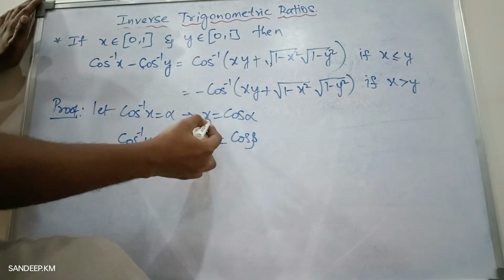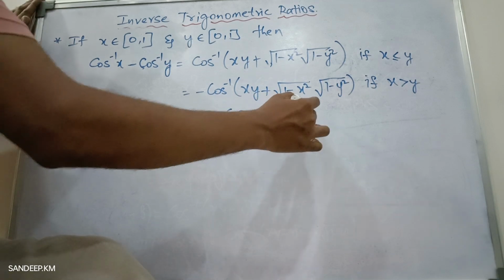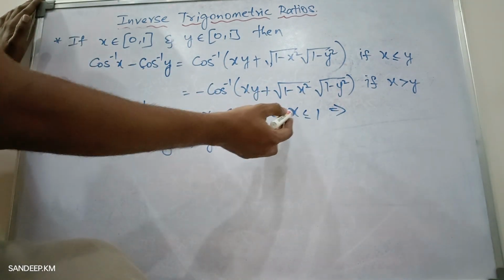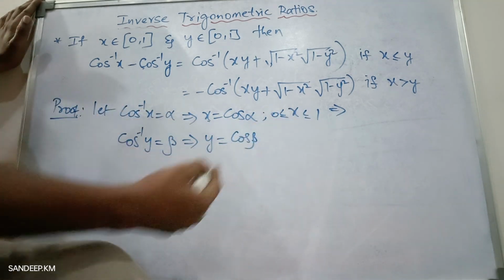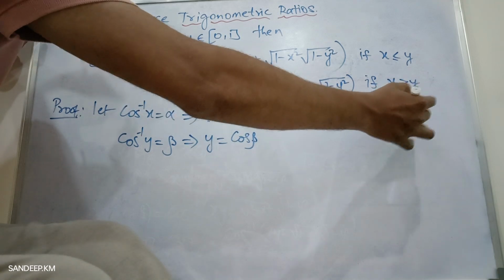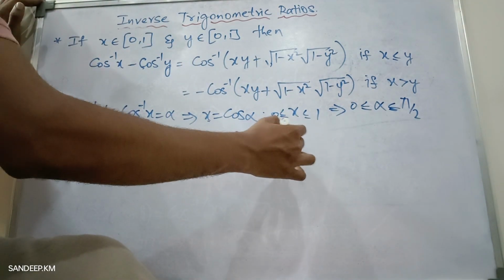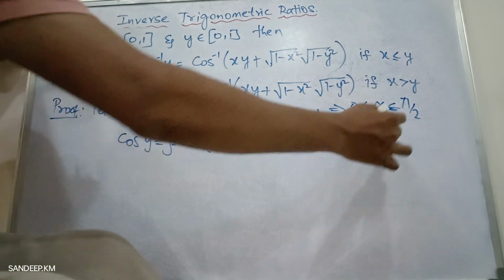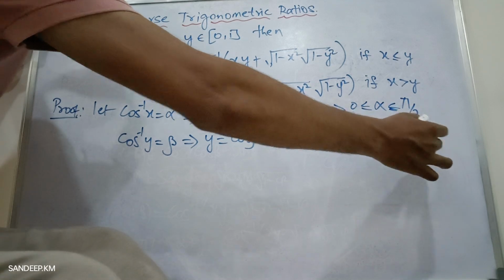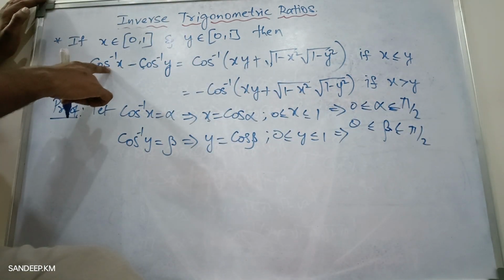So clearly x is between 0 and 1, and therefore cos alpha is between 0 and 1, so alpha is between 0 and 90 degrees. Similarly, y is between 0 and 1, which means beta is also between 0 and 90 degrees. Obviously, now we are talking about alpha minus beta.